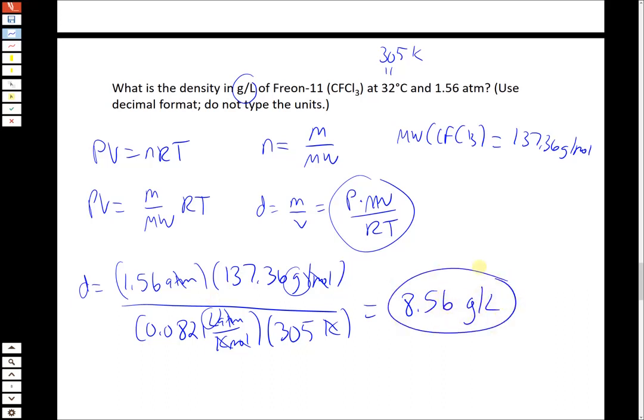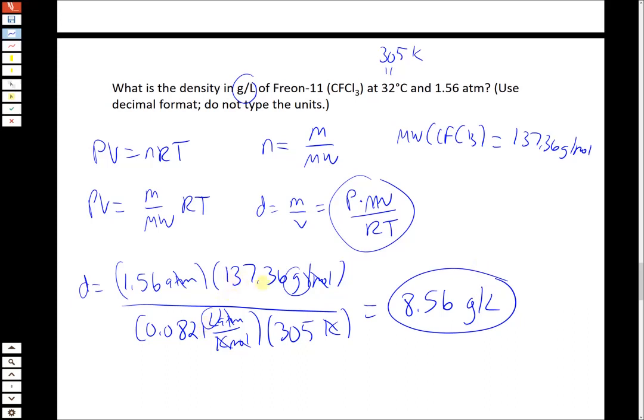That number seems big. Let me check. It's not abnormally huge, but let me make sure that's right. Yep, comes out the same. So 8.56 grams per liter for the density of this gas.